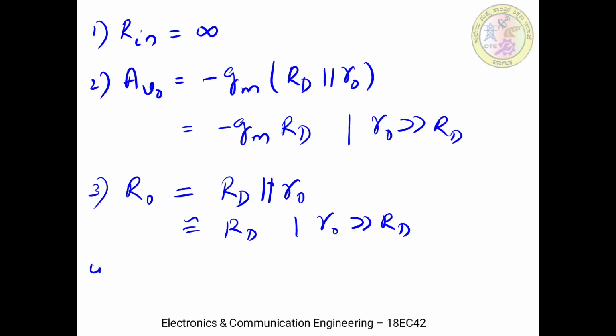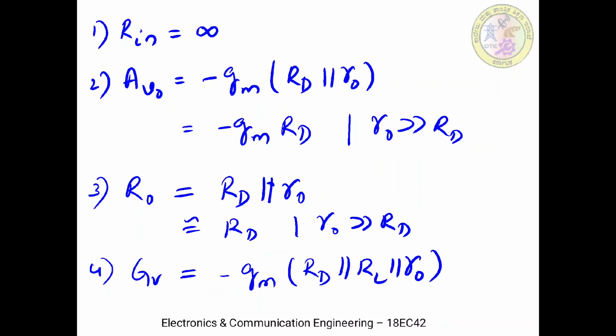And finally we have the overall voltage gain GV, that is equal to minus GM. See here, in place of RD we now have to write the parallel combination of RD parallel with RL parallel with R naught. Three resistors are going to come in parallel. So this is the list of characterizing parameters in case of common source amplifier without source resistance Rs.